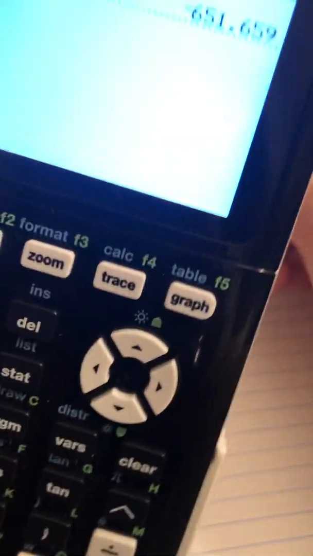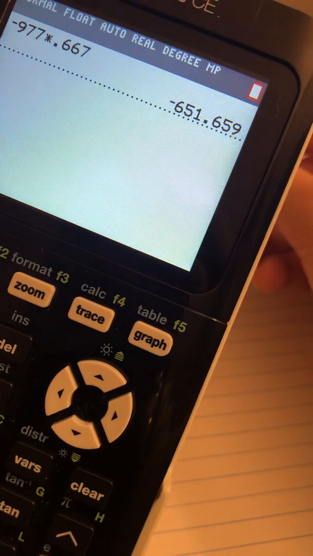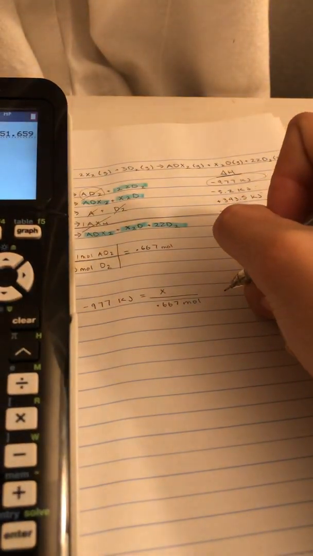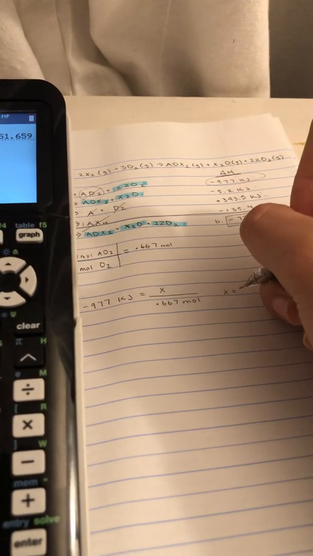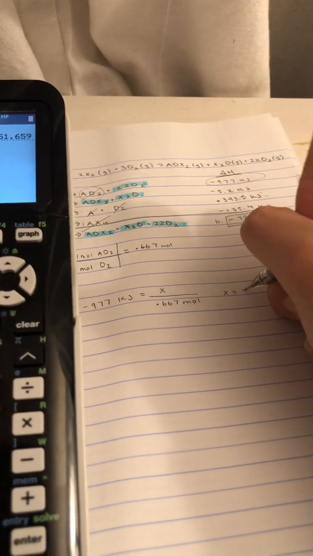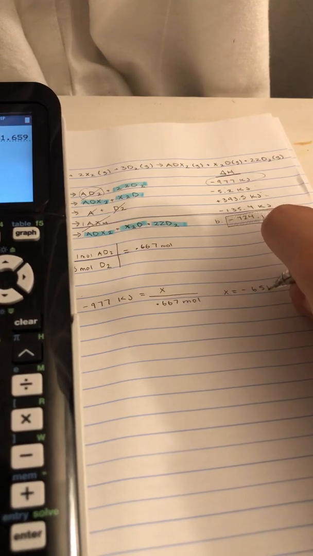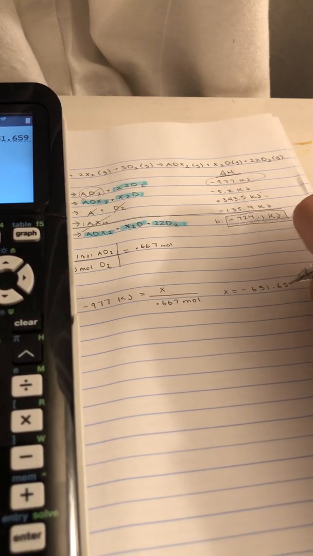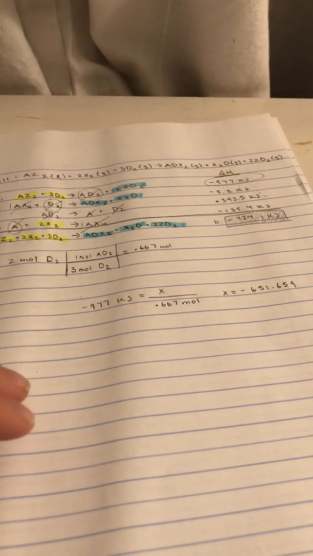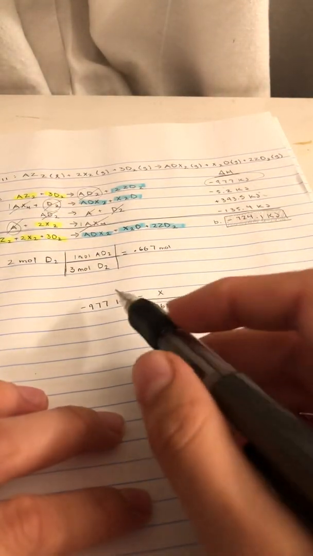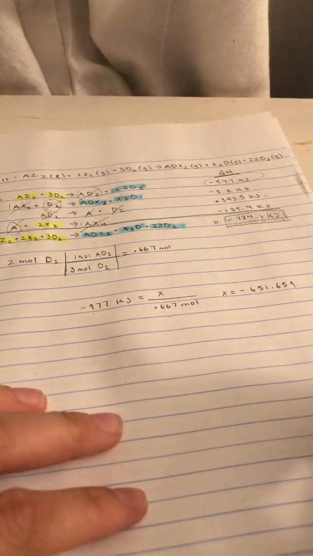So I got Q of the reaction is equal to negative 651.659. So X or Q of the reaction, either one, is equal to negative 651.659. And I'm going to do that to 3 sig figs since this has 3 and this has 3.